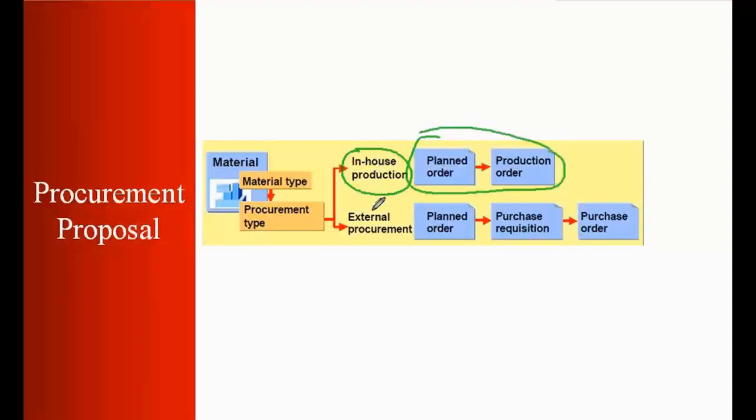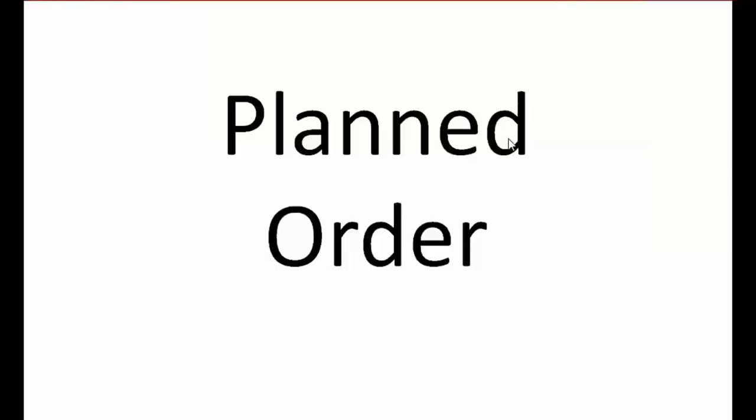However, if your material master is set up as external procurement, in that case system will generate plan orders, and from the plan orders you will be converting it to a purchase requisition, and finally purchase requisition will be converted to a purchase order. So we'll be seeing the result of the MRP run. So basically what we're going to see now is planned orders, which is the main outcome of the MRP.